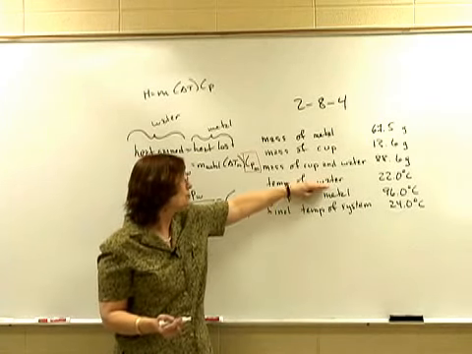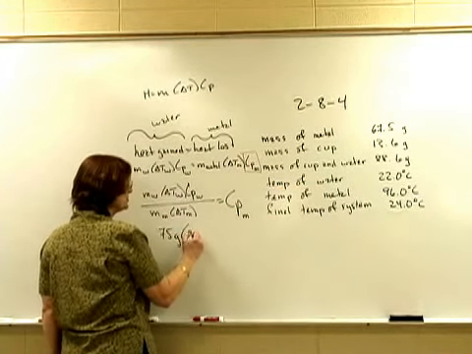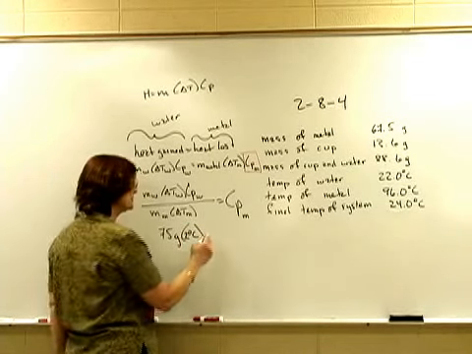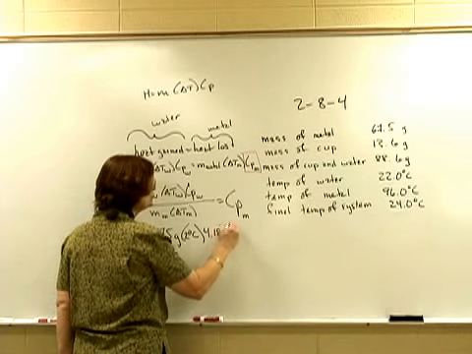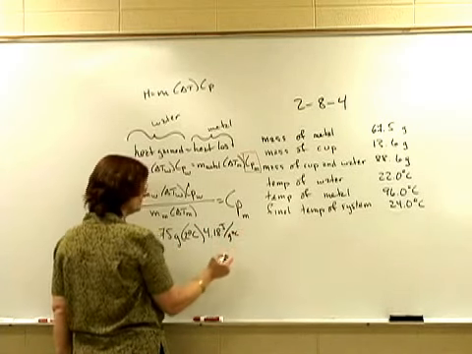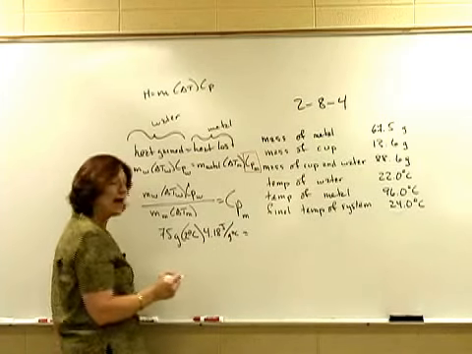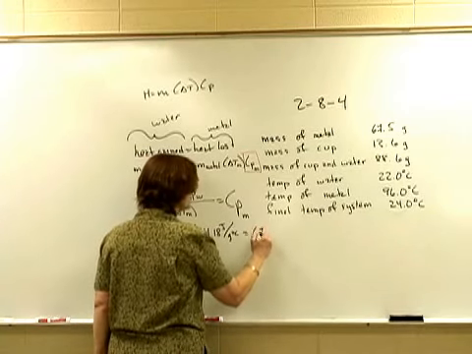So it went from 22 to 24 degrees Celsius. So the change in temperature is 2 degrees Celsius. And we know the specific heat capacity of water is 4.18 joules per gram degree Celsius. That is the answer to number 1. And that works out to be 627 joules.